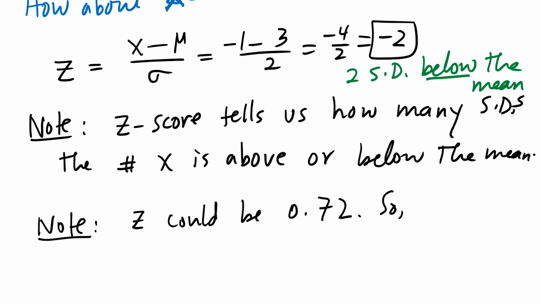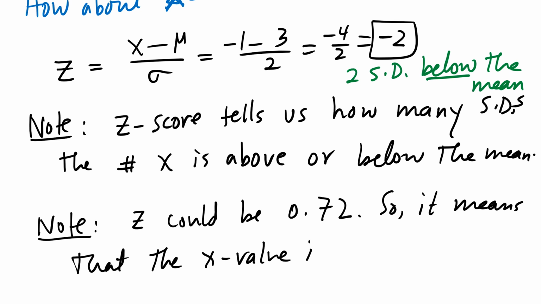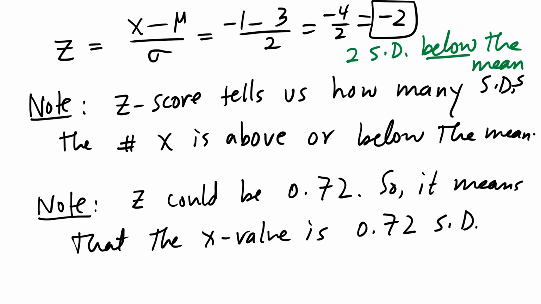So it means that the x value is 0.72 standard deviations either below or above. In this case it's positive, so above the mean. So it doesn't have to be exactly an integer. It could be decimals as well.